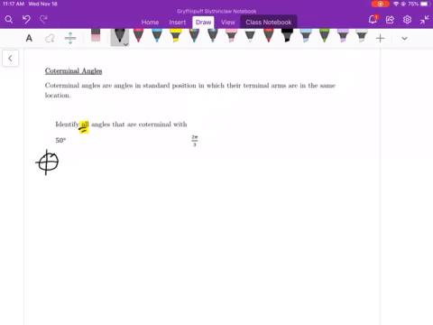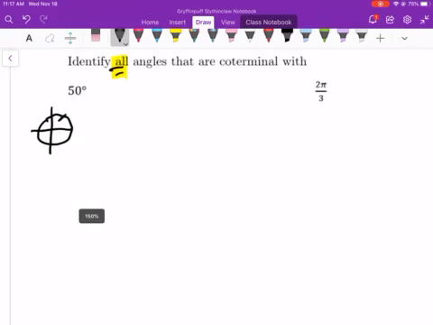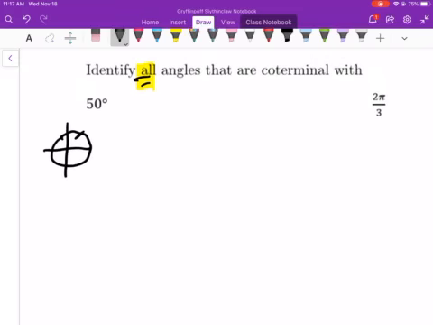I'm just going to expand this and concentrate only on 50 degrees. The next angle, I'm going to do 50 degrees plus 360, one revolution. That's 50 degrees here. That's one revolution.